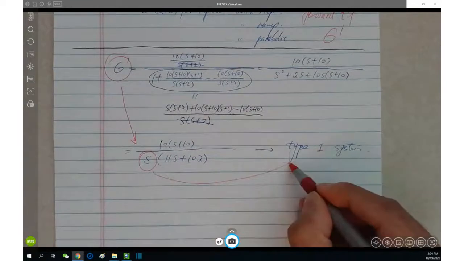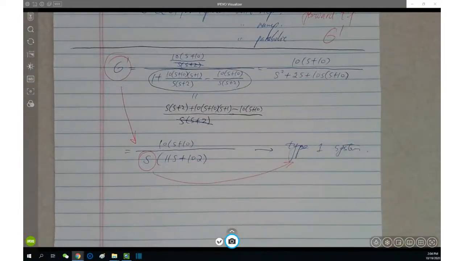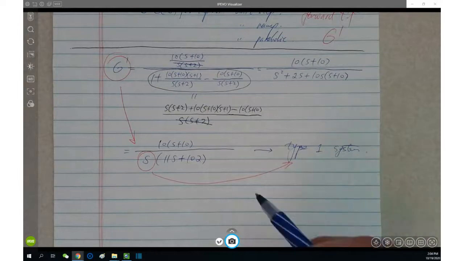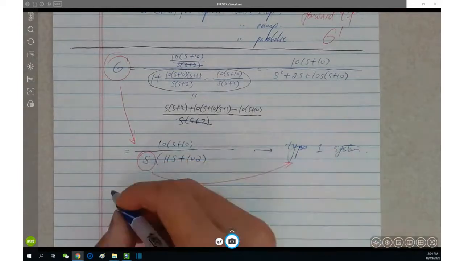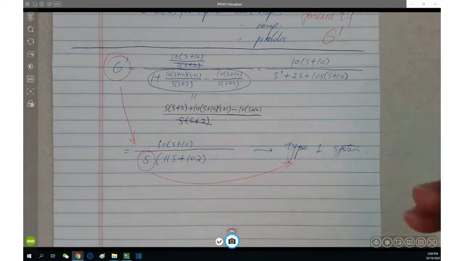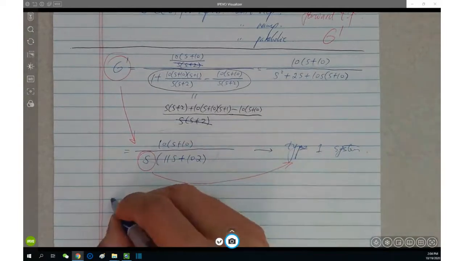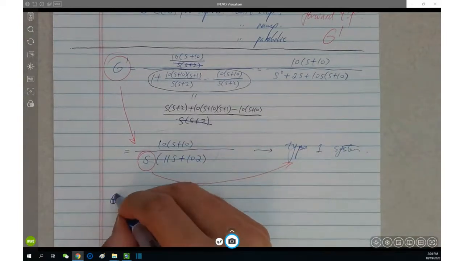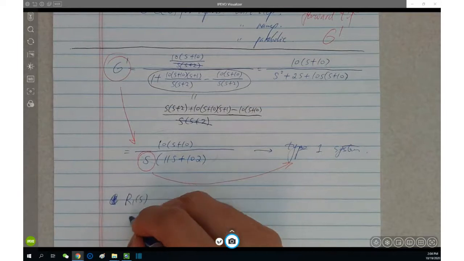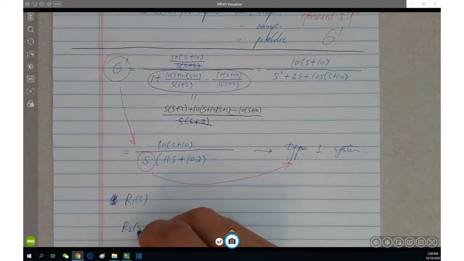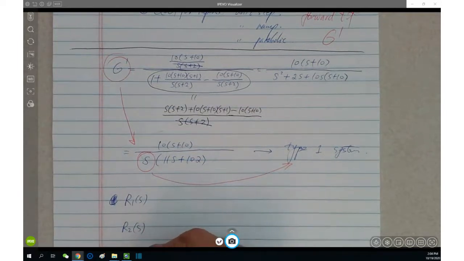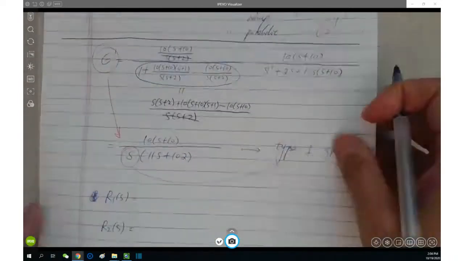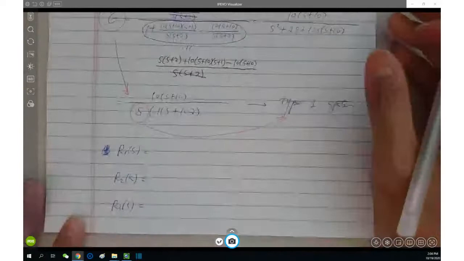Just telling you this. And if you got this G prime correctly, then the next, so again, who are those three inputs? They're very straightforward. They are unit step, unit ramp, and unit parabolic.